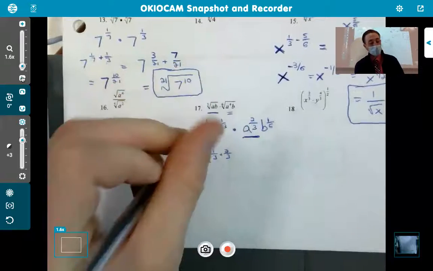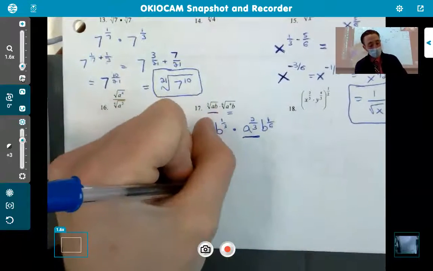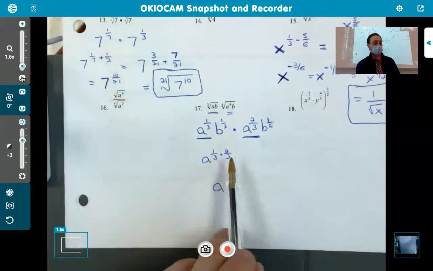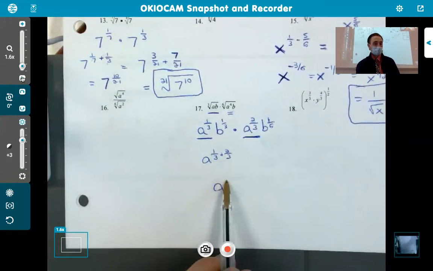And 1/3 plus 2/3 is just going to give me a. Does everybody see how we got that value, right? 1/3 plus 2/3 is just 1, or a to the first power. You don't have to write the 1 in, right? We just assume.